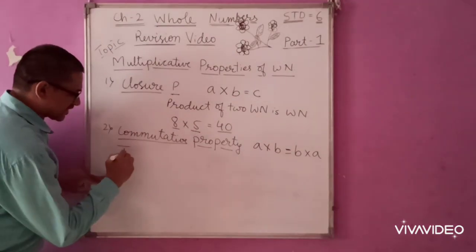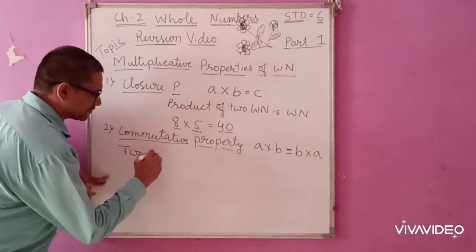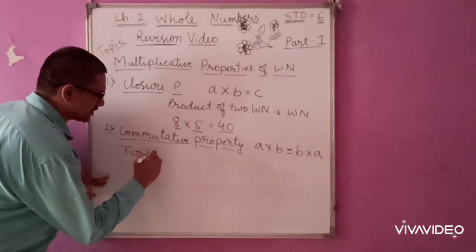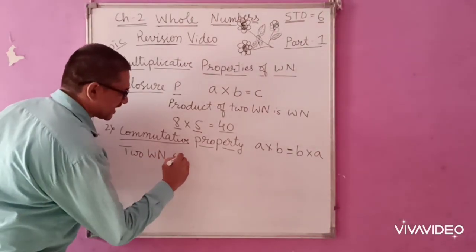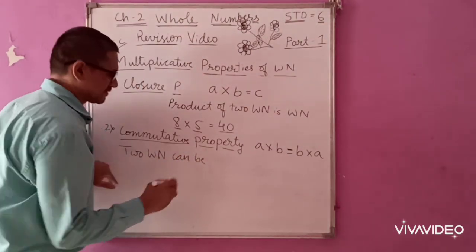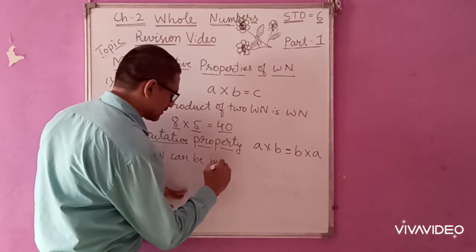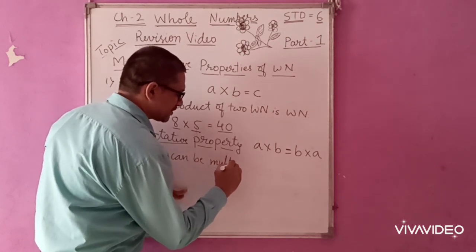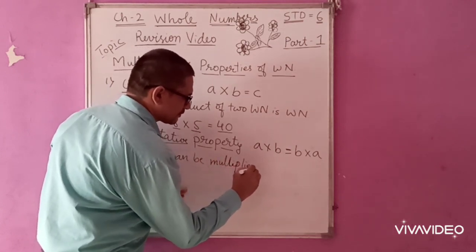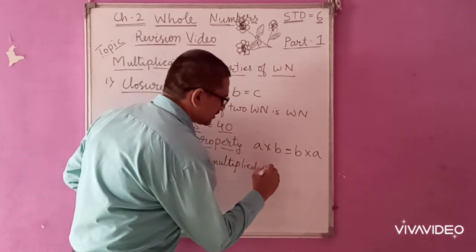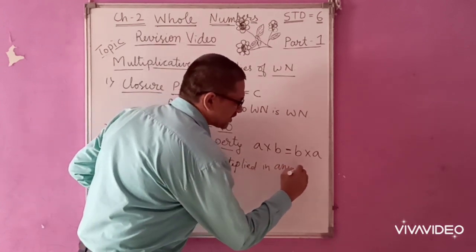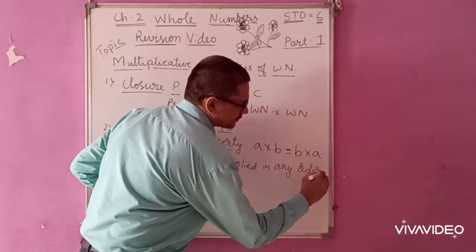So here we can write the statement as: two whole numbers can be multiplied in any order.